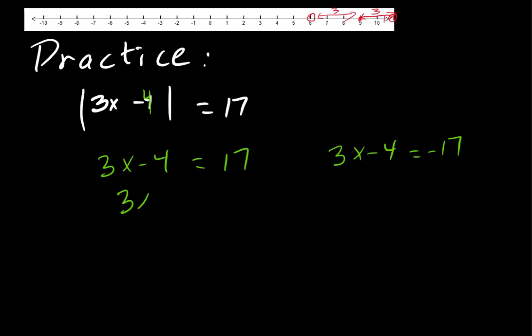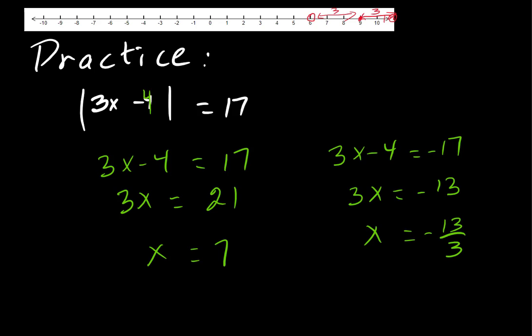So we get here 3x is equal to 21 and x is equal to 7, correct? And here we get 3x is equal to negative 13 and x is equal to negative 13 over 3, negative 13 thirds. And these are the two solutions. If you try to graph them, this is what you get, okay?